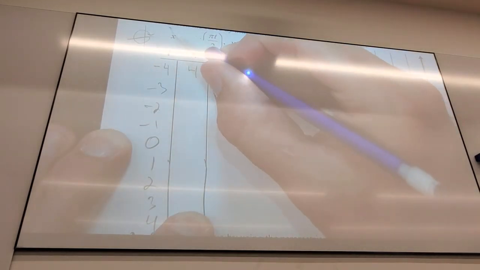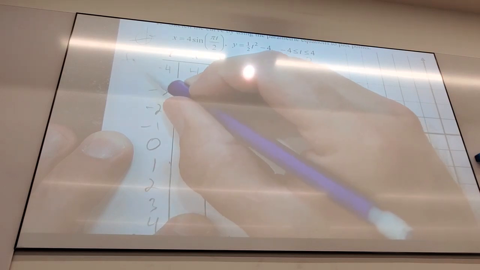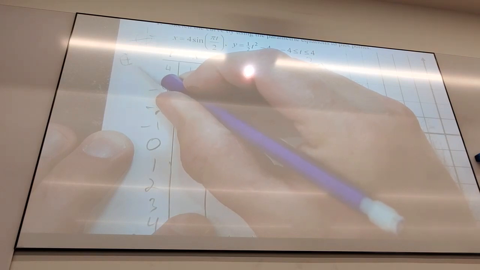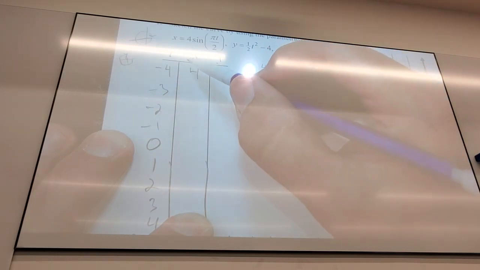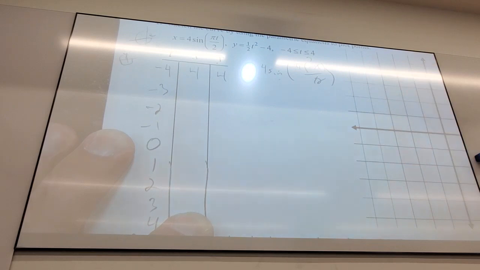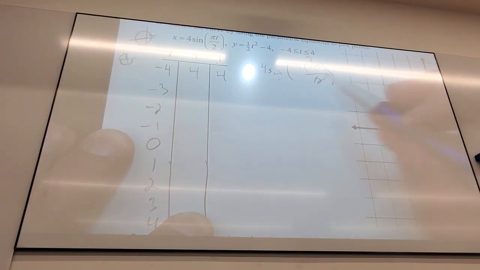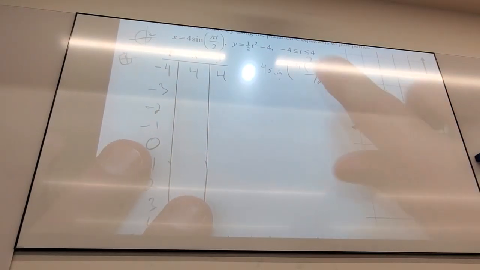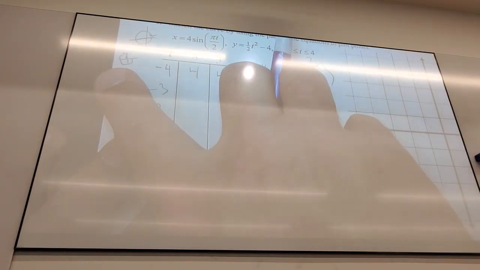Where's that? -3 pi over 2. It's there. So what's the sine of that? Yep. 1. Good. 1 times 4.